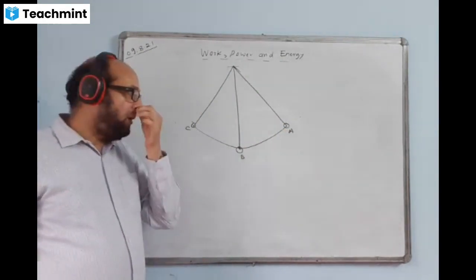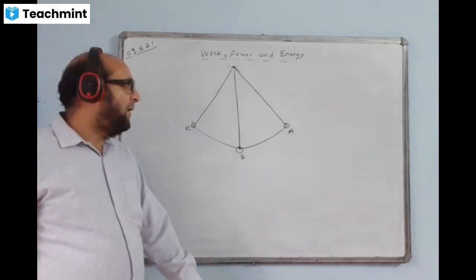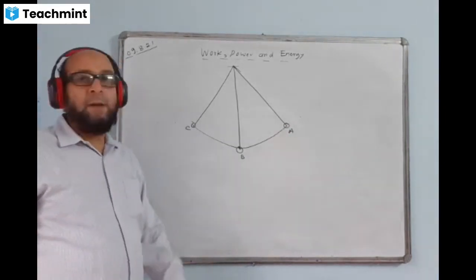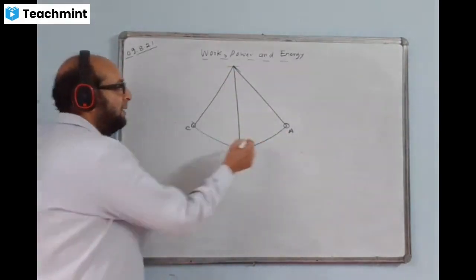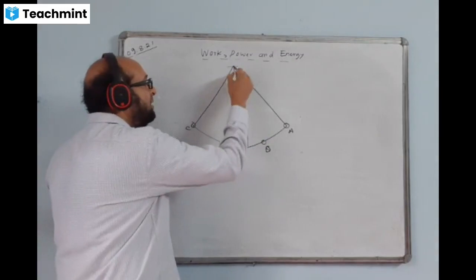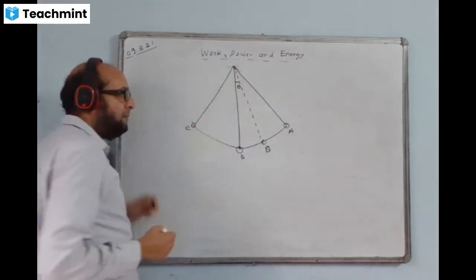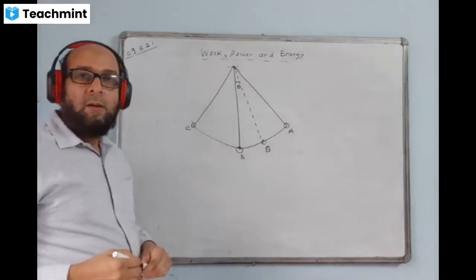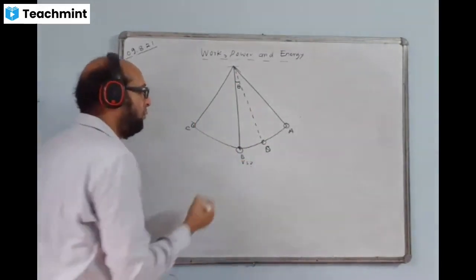The question is asking you to find the velocity of the bob of the pendulum when the string makes an angle theta. The body is somewhere here, at this point, and this angle is given as theta.